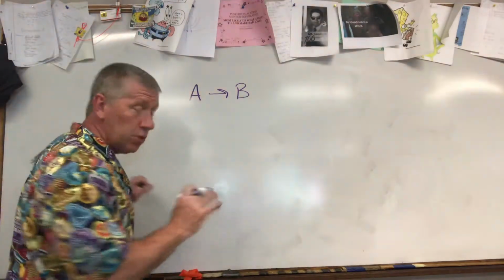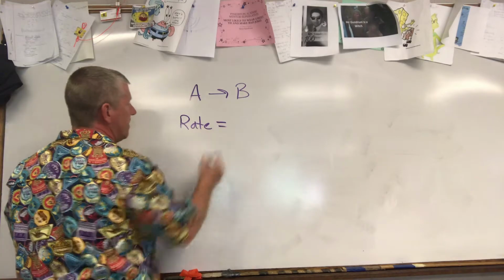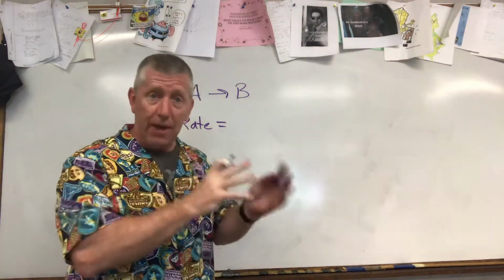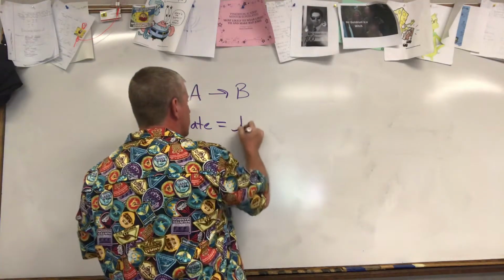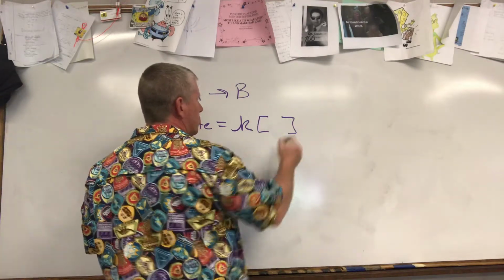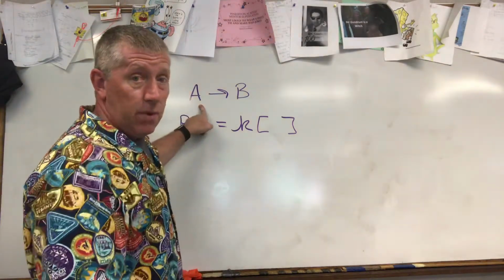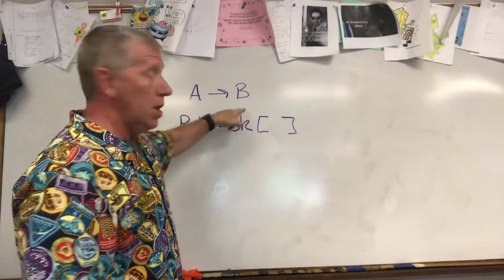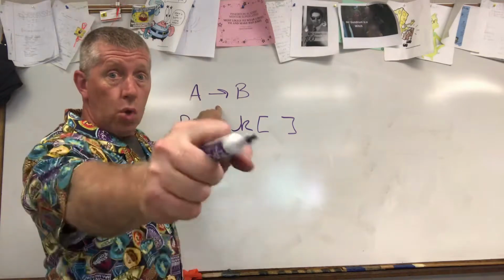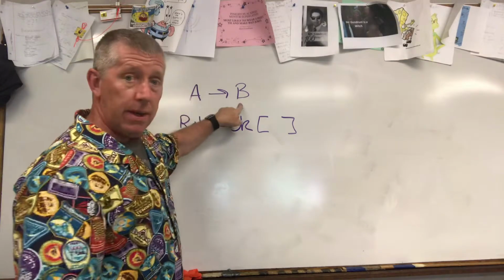Remember rate laws? They're written for the reactants only. So the rate of this reaction is going to be equal to K. You got to have a K value, a constant value. And you're going to put in brackets the concentration of your reactants. In this case, I only have one thing. I have this thing transforming into this. So, Transformers, robots in disguise. This is transforming into that.